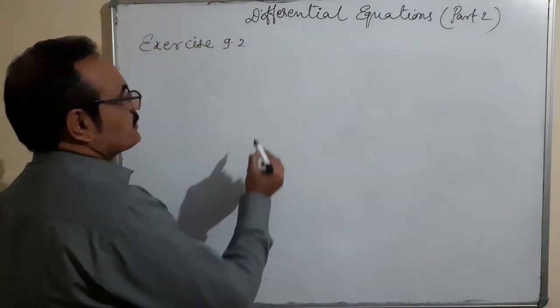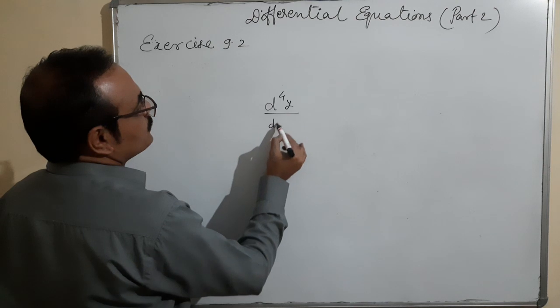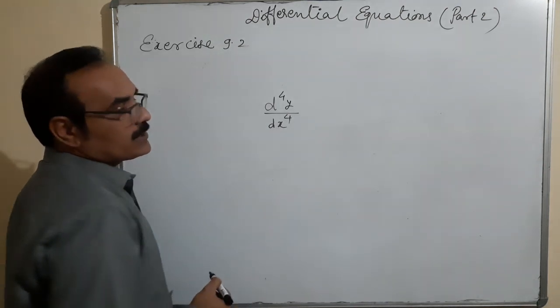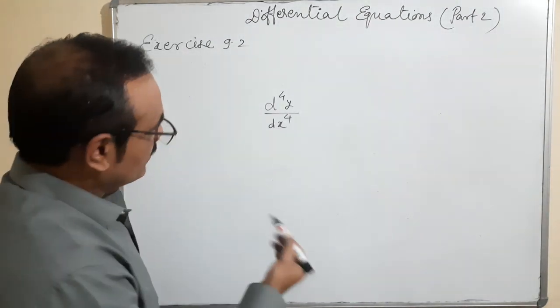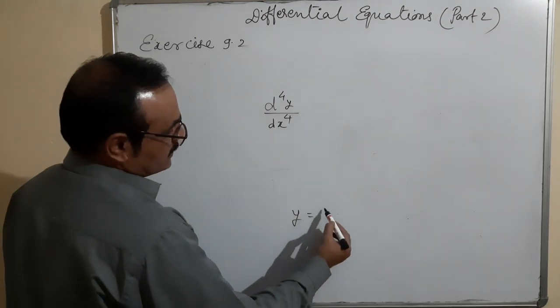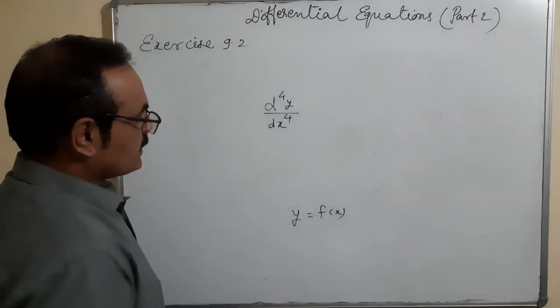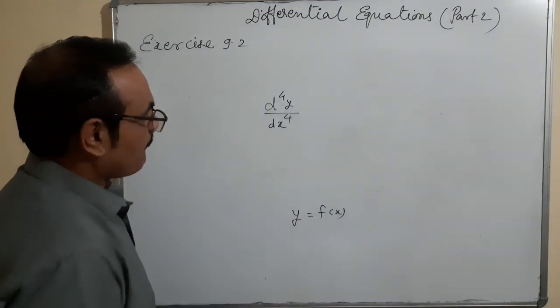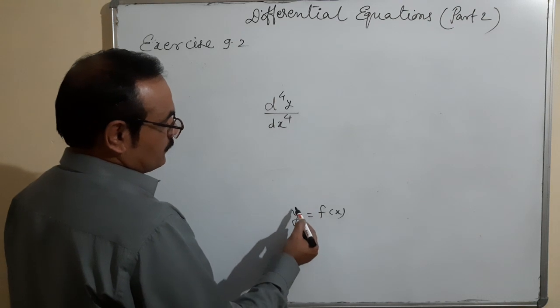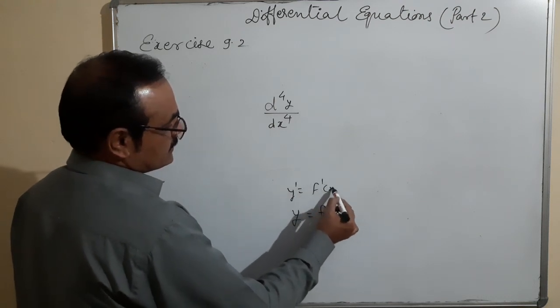Suppose this is the fourth order, d to the power 4 by dx to the power 4. How many constants are required? Let us start from here. Y is equal to a function f of x. First order: y dash is f dash x.